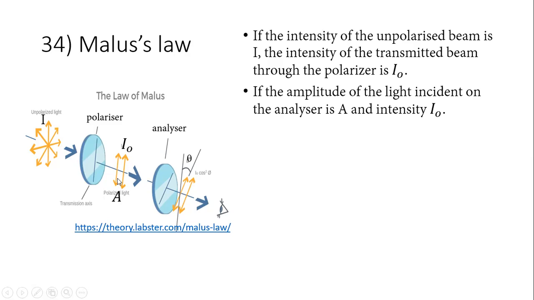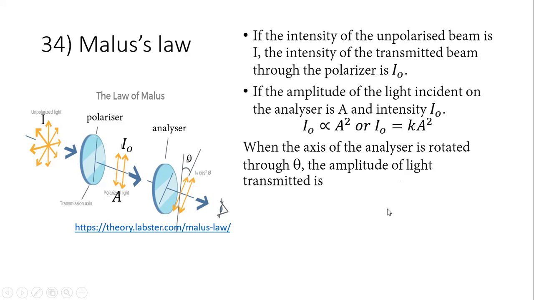Remember, we have to work with amplitude. If the amplitude of light incident on the analyzer is A, the intensity is I0 and the amplitude is A, then I0 is proportional to amplitude squared, or I0 equals K A squared, where K is your constant.